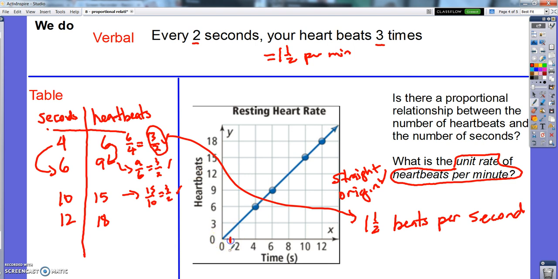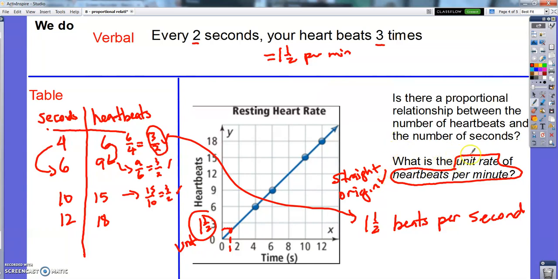If I go to 1 second, I can see 1.5 beats, and that's my unit rate too. So all this stuff goes together. You can find this constant of proportionality and this unit rate all over the place. And I just want you to know that all this stuff really fits together nicely.